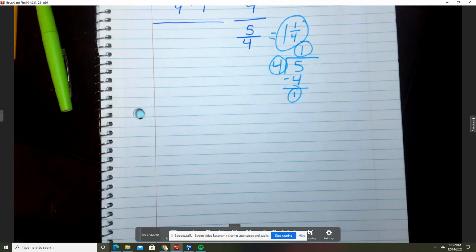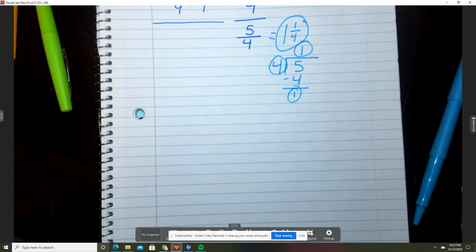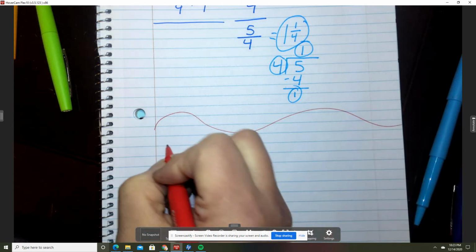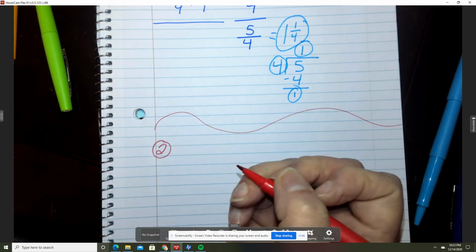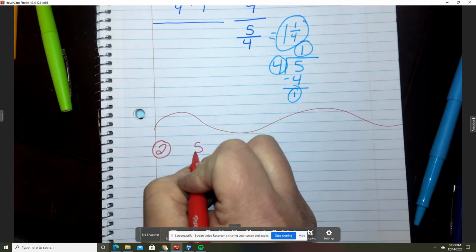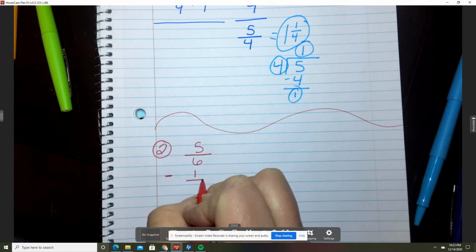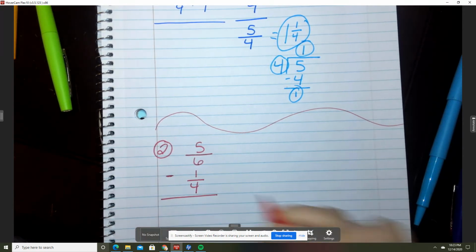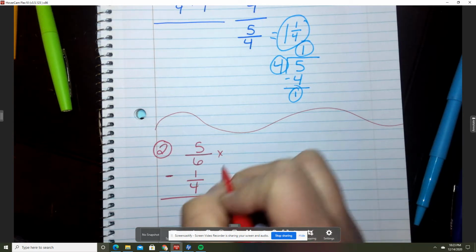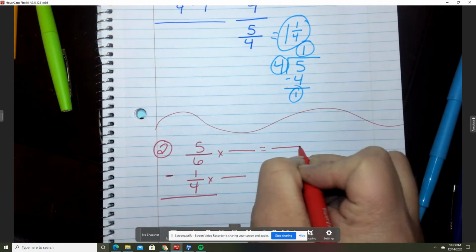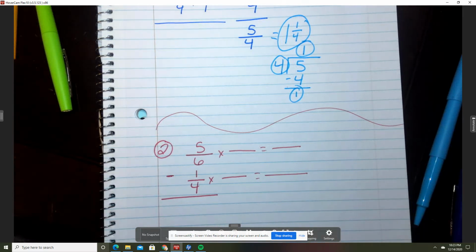All right. Moving right along. All right, if we have 5/6 minus 1/4, all right, I'm going to go on and set this problem up so we are ready to go.